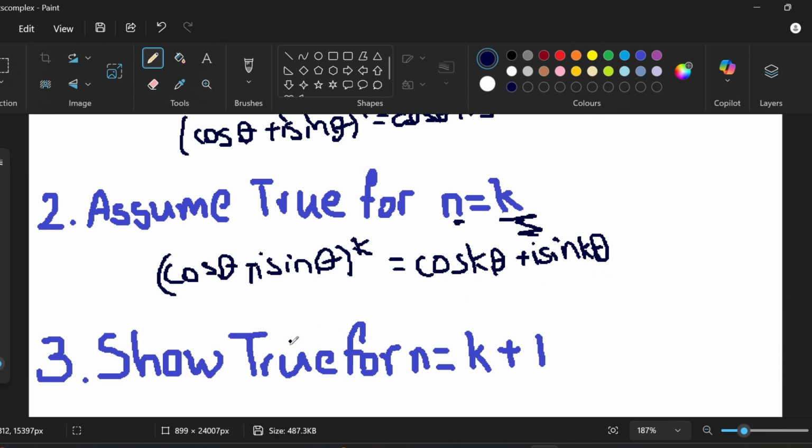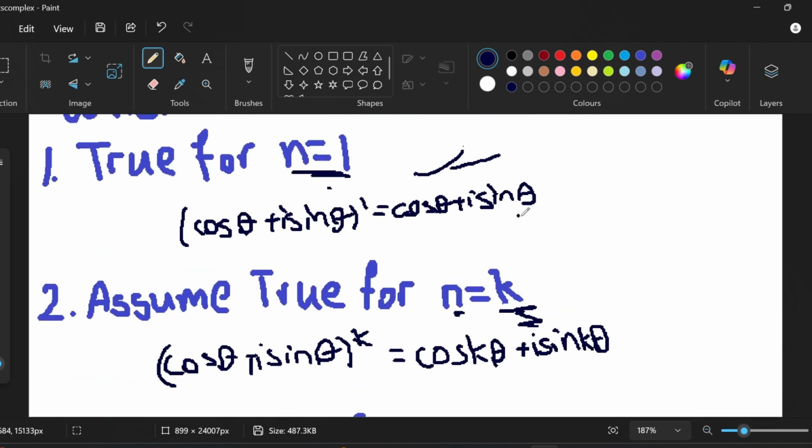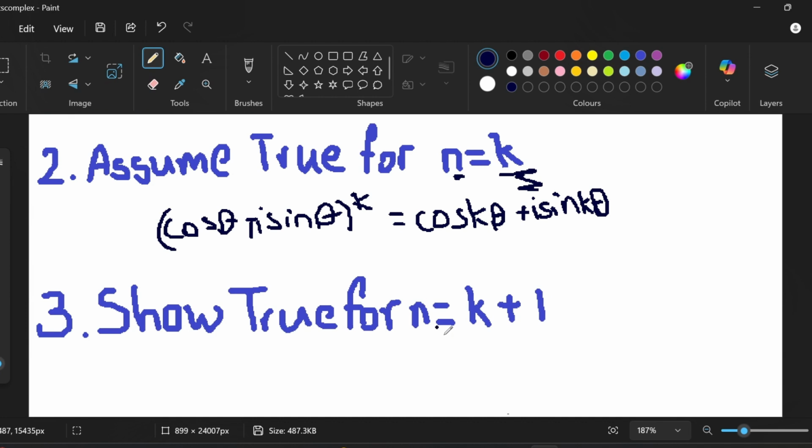Now we need to prove that this is true for n is equal to k plus 1. Because if it's true for k being any number and k plus 1, then it's true for every integer number.